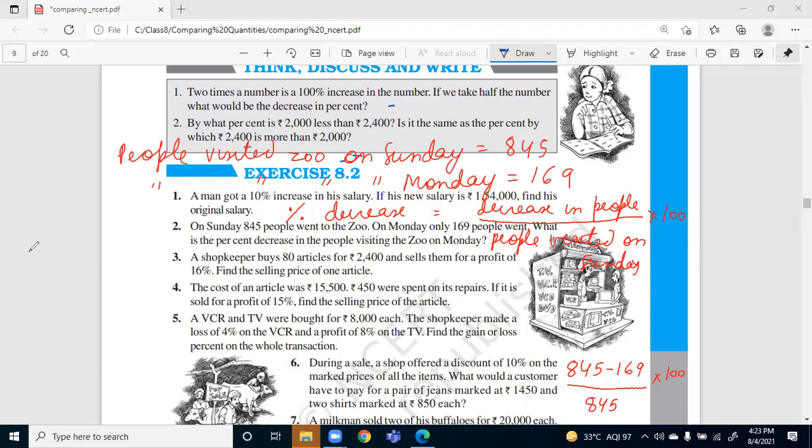Okay, so when you subtract 845 minus 169, solve it up and do tell me the answer.